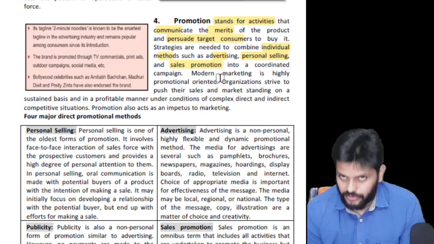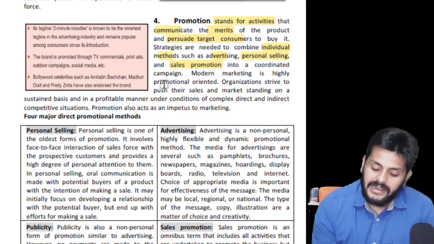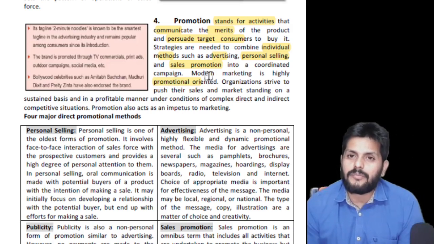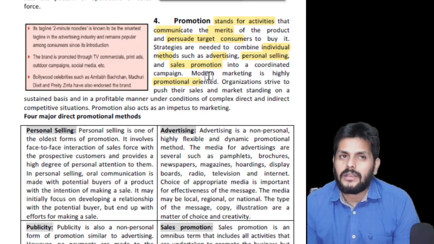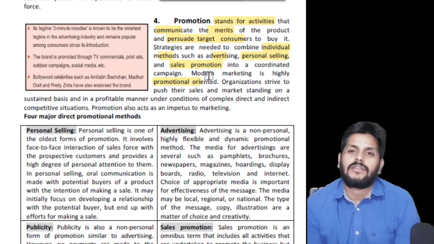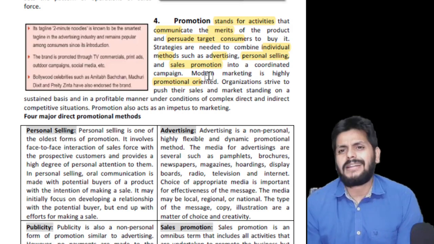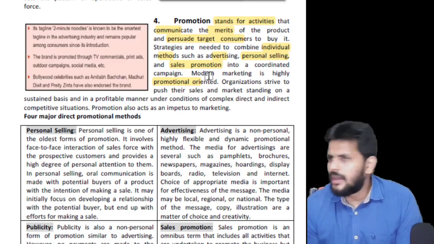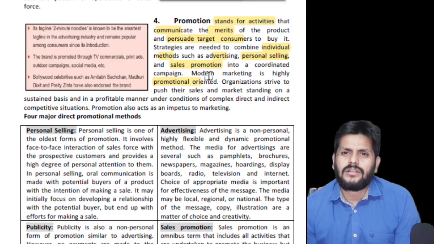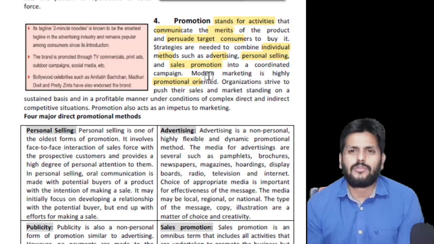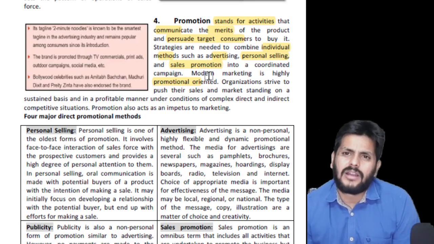Modern marketing, that's today's marketing, is highly promotion oriented. Correct? That's why even the biggest of movie stars come and market their movie. They have to do all those promotional activities. That was not there 10 years back. If you go back 10 years in time, when a movie was releasing, hundreds of press releases, interviews, coming and doing a YouTube live, a Facebook live, Insta live, all that was not there.